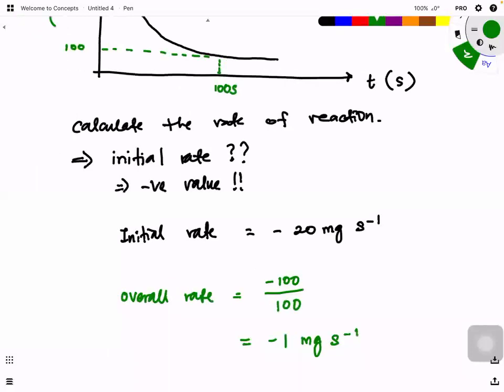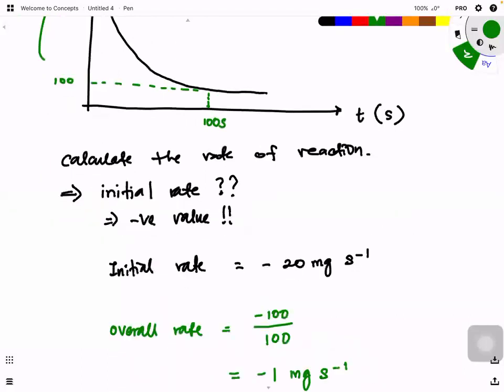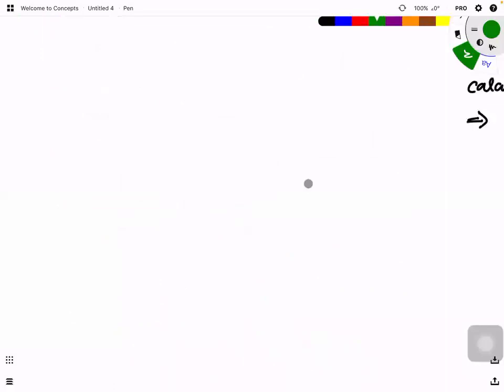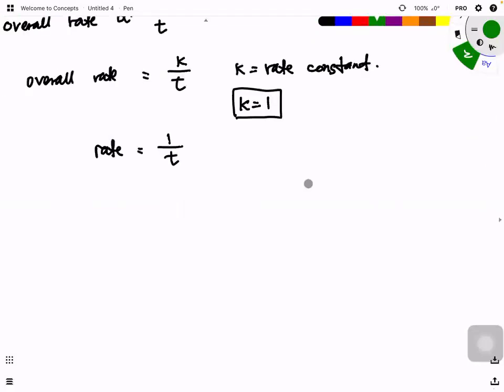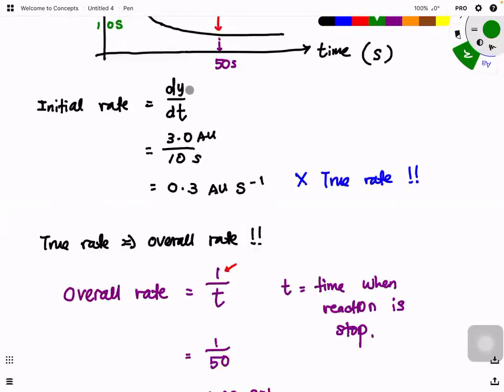So we can always calculate the rate of reaction based on this, because the initial rate of reaction gives us the idea of how fast the substrate disappears. In this case, per second, I can actually know that negative 20 milligrams of starch is hydrolyzed. If we compare to just now, let's say every second my intensity drops 0.3.